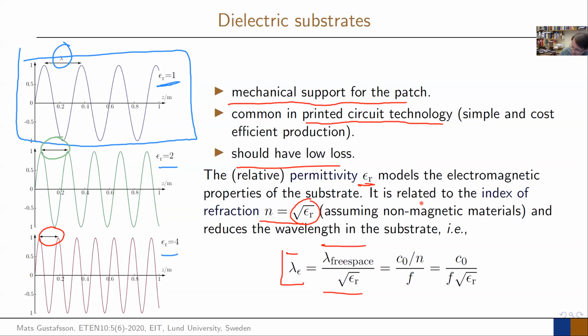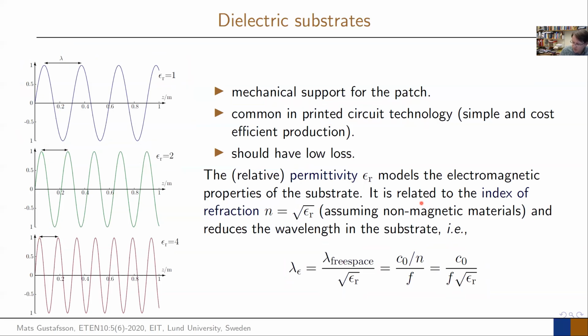This is the same as the speed of light divided by the refractive index, that is the speed inside of this dielectric material, and then normalized with the frequency. So this is the effect we get by having this dielectric. We change the wavelengths. And as wavelength is the most important parameter for the antenna, it's important. Of course, this will come into our patch antennas. We have to compensate for this.